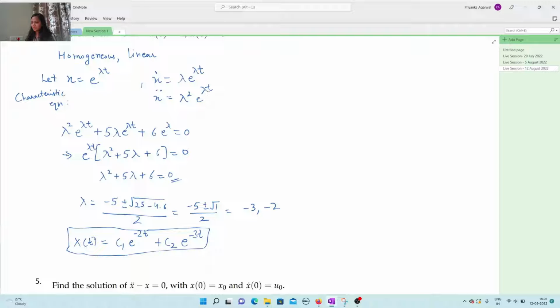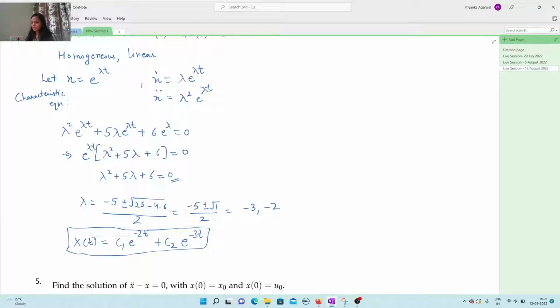And from the other, which is x prime of 0 equals to 3, we will get 3 equals to, differentiating this, c1 into minus 2 e to the power minus 2t, so basically this is x prime, plus c2 into minus 3 e to the power minus 3t.